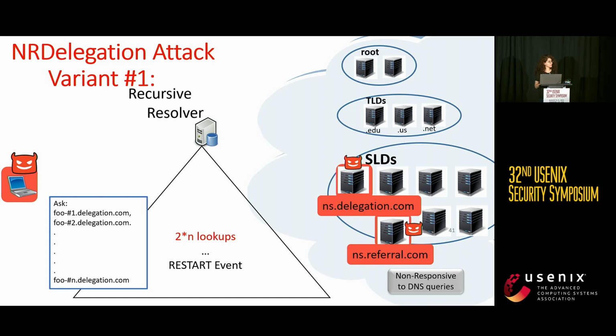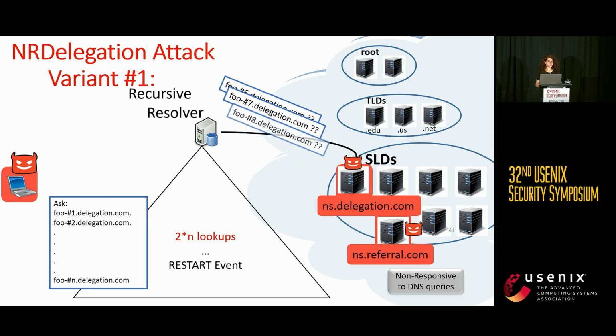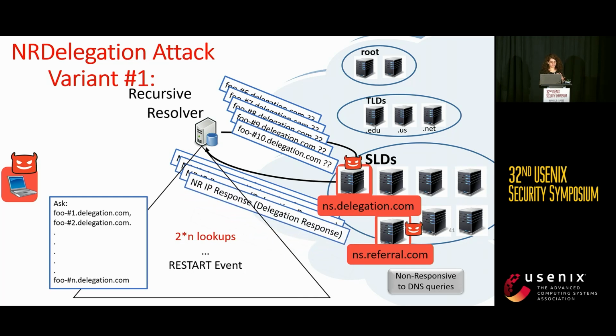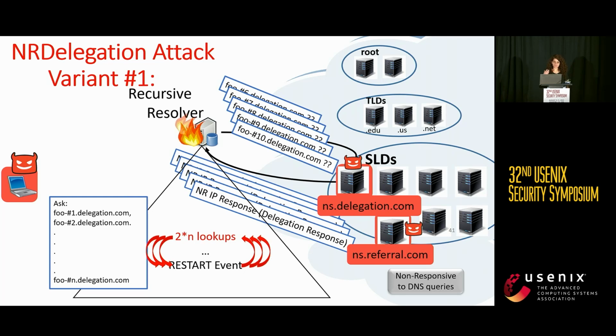So the next thing that's going to happen is that the resolver is going to go back to the referral list and search again all the names in it, creating yet another 3,000 lookups, or 2n lookups. Then, because we don't have any memory of turning on the no-fetch flag, since we just cleared it as part of the restart event, we're going to start another 5 new resolution processes, receiving 5 more non-responsive IP responses, and again going through the whole process of restarting the query, the resolution process, looking up again, restarting again.